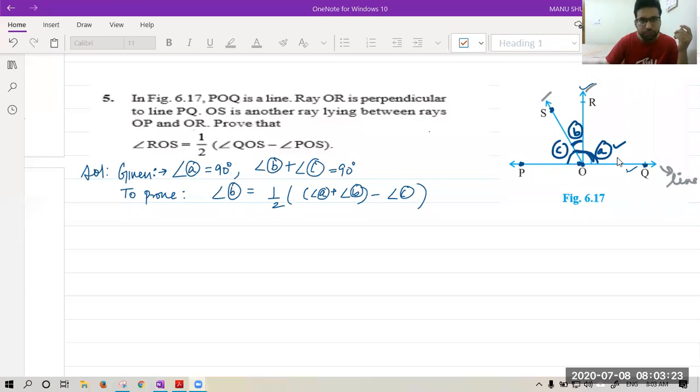Okay, let's start now. OS is another ray lying between rays OP and OR. So we have rays OP and OR, and in between we have a third ray whose name is OS.